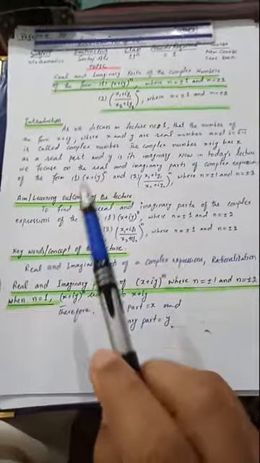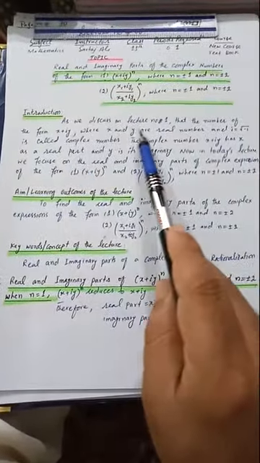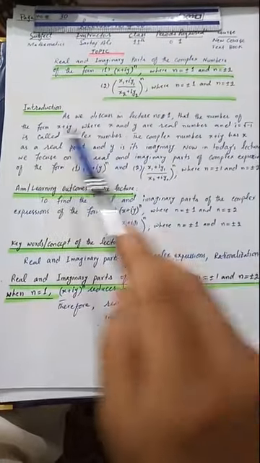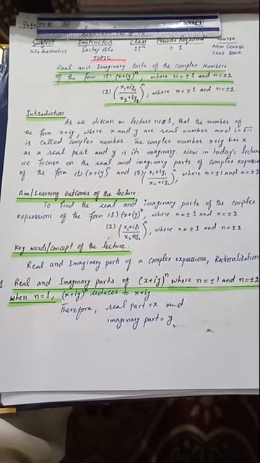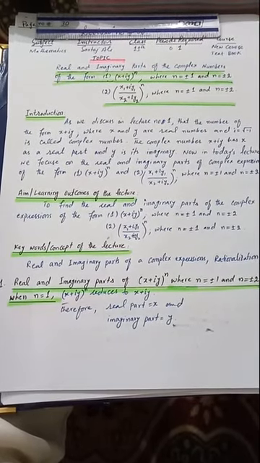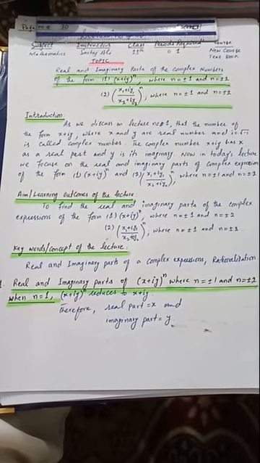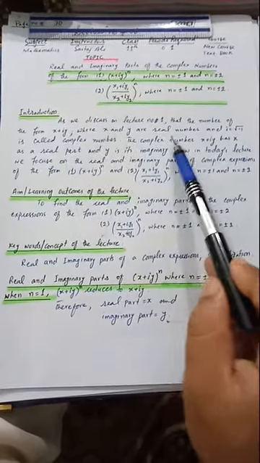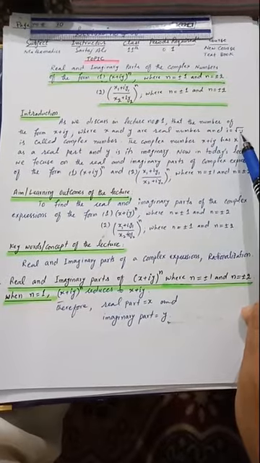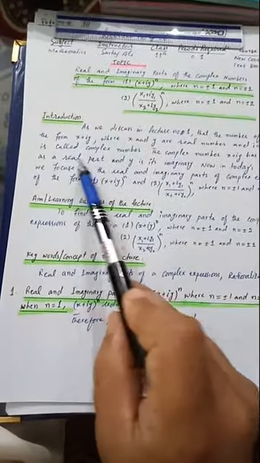If you look at the introduction of this lecture, as we discussed in lecture number 1, a number of the form x plus iota y, meaning a plus b iota. Here in the definition we write a plus b iota, but instead of that you can write x plus iota y, where x and y are real numbers and iota is equal to the square root of minus 1, is called a complex number.